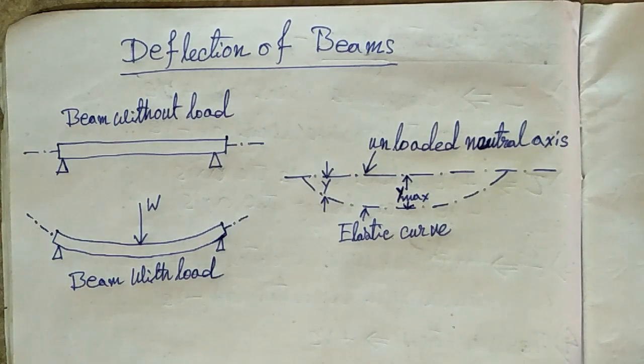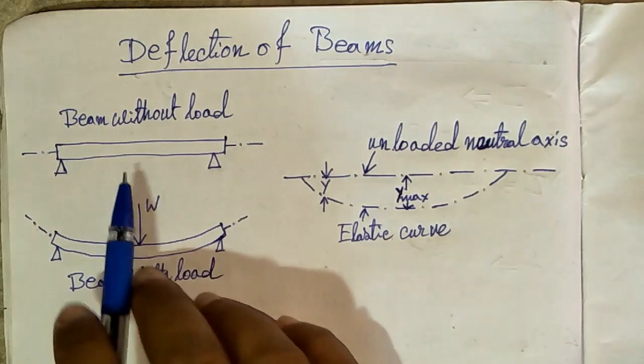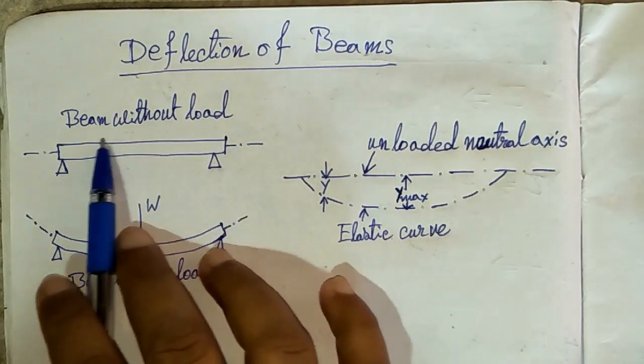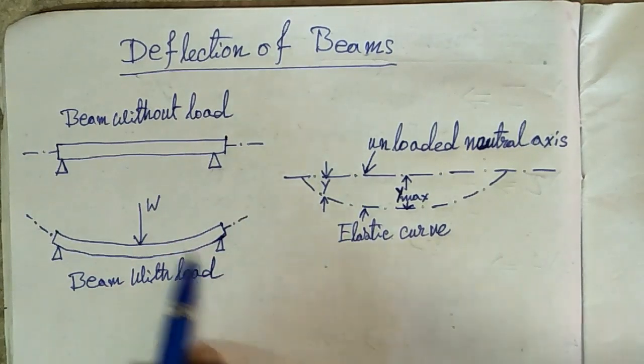So when a load is placed on a beam, the beam tends to deflect as shown in this figure. This is the beam without load, and this is the beam with load.